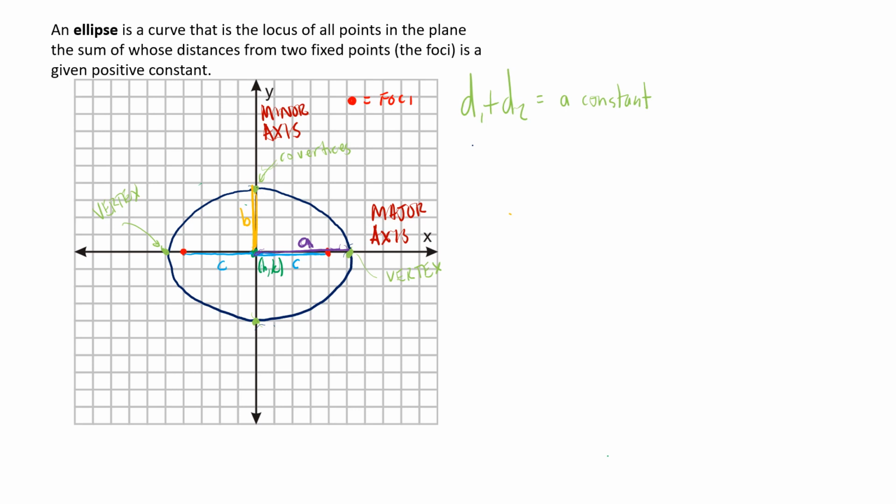So what we're going to say is let's examine this point right here. At that point, when we talk about these distances, the distance from there to there is obviously the same.